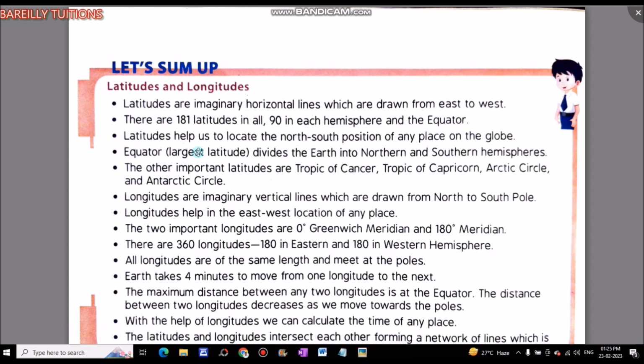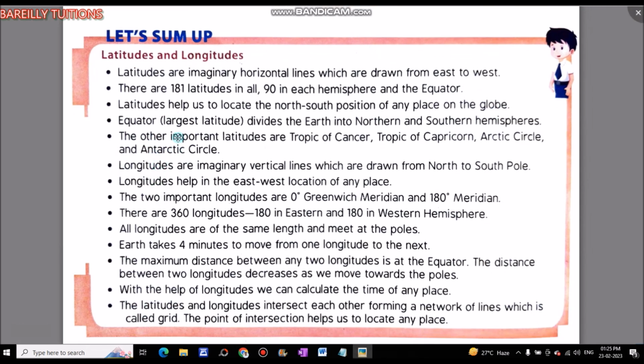Latitudes help us to locate the north-south position of any place on the globe. The equator, the largest latitude, divides the Earth into northern and southern hemispheres. The other important latitudes are Tropic of Cancer, Tropic of Capricorn, Arctic Circle and Antarctic Circle.